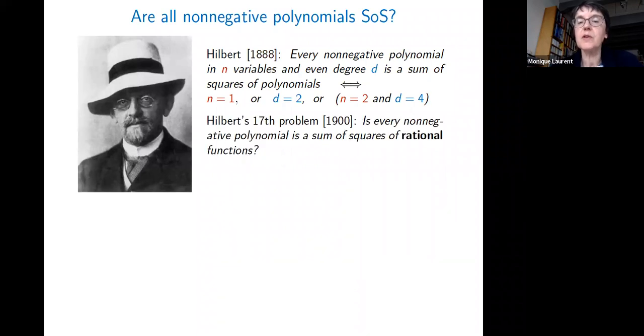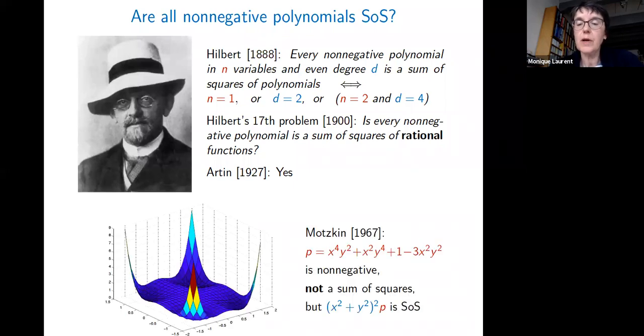After that, Hilbert posed what is known as Hilbert's 17th problem. Not every non-negative polynomial is a sum of squares of polynomials, but is it a sum of squares of rational functions? This was answered in the affirmative by Artin in 1927, and this started the field of real algebraic geometry. The first concrete example of a polynomial which is non-negative but not a sum of squares is due to Motzkin.